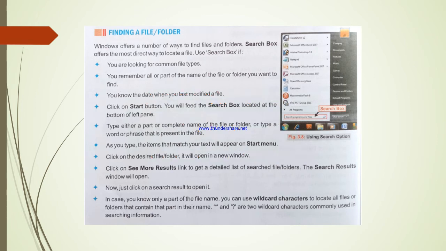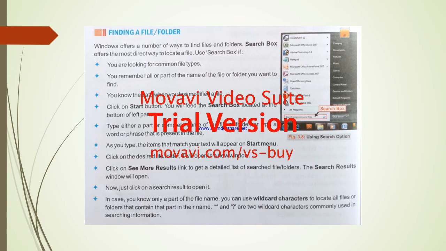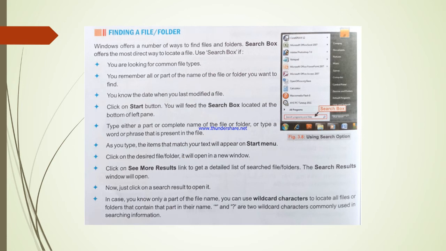Click on the Start button. You will find the search box located at the bottom of the left pane. Type either a part or the complete name of the file or folder, or type a word or phrase that is present in the file. As you type, the items that match your text will appear on the Start menu.